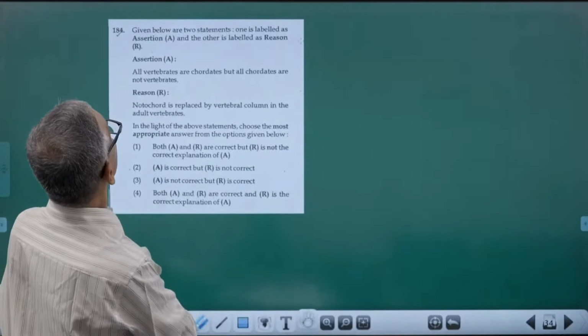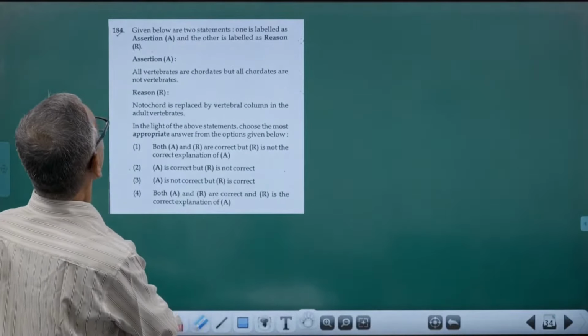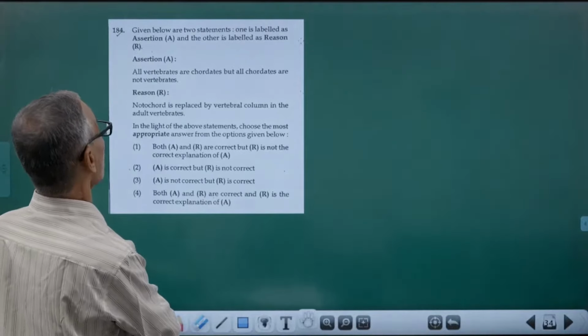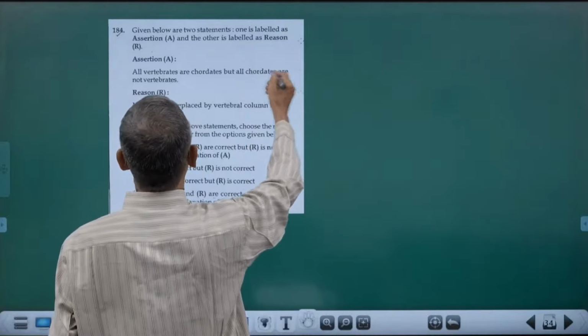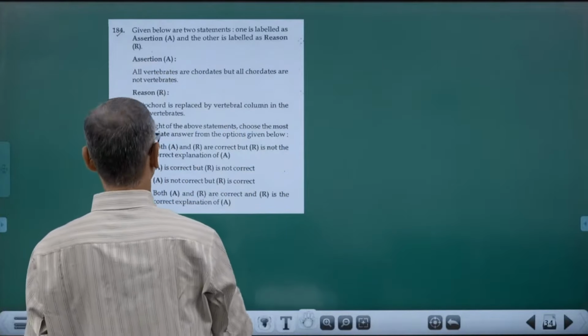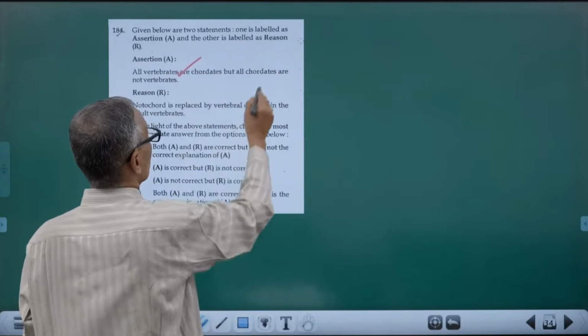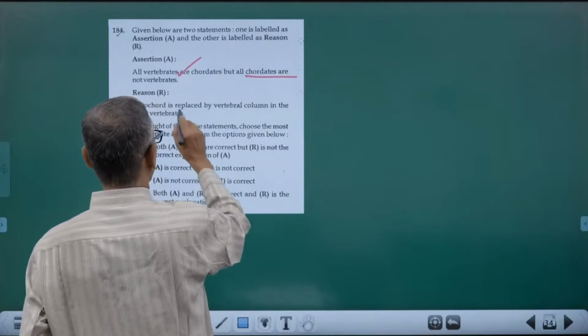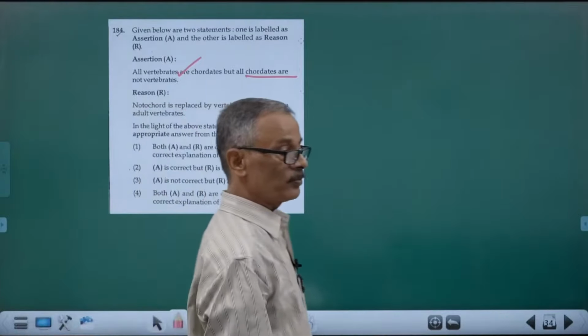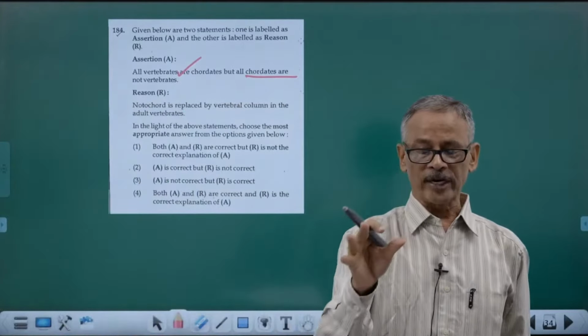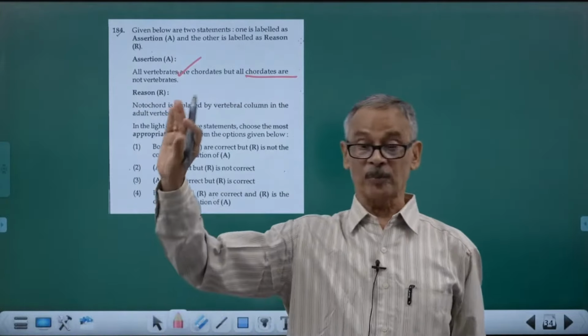Given below are statements. All vertebrates are chordates, but all chordates are not vertebrates. That's a correct statement. Why? Because the notochord is replaced by a vertebral column. We have some chordates which have no vertebral column.